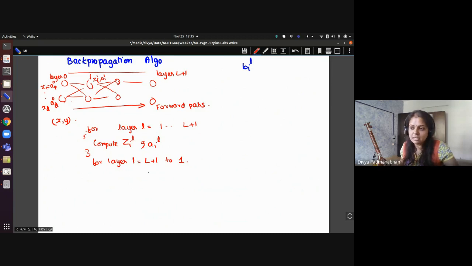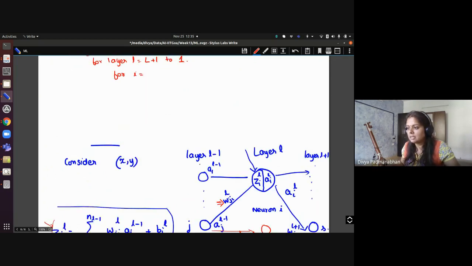Now in each layer there is this i. If you look at layer l, there are these i's which have to come from layer l minus 1 and j's which come from layer l.